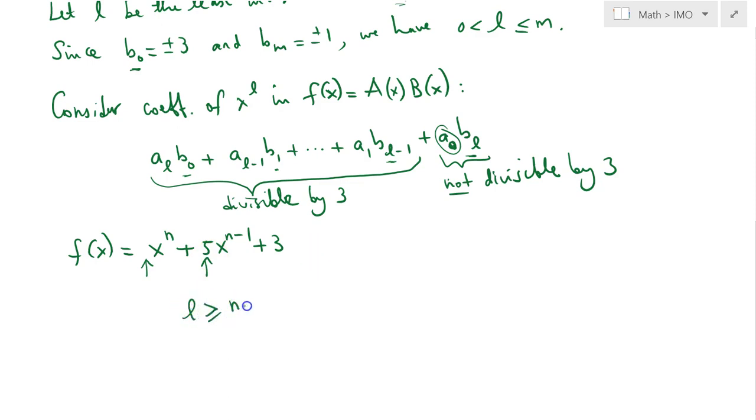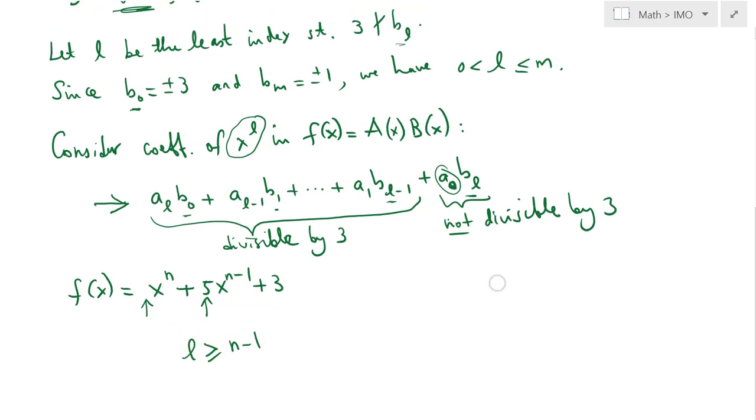L cannot be n minus 2 or lower, because all these coefficients are divisible by 3, and that is impossible by this analysis, because we know that the coefficient of x to the L is not supposed to be divisible by 3. Okay, so therefore L has to be greater than or equal to n minus 1.